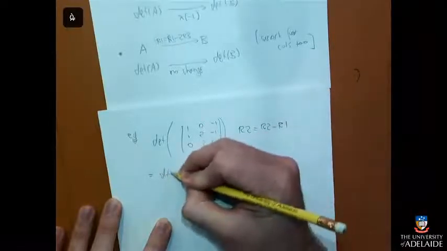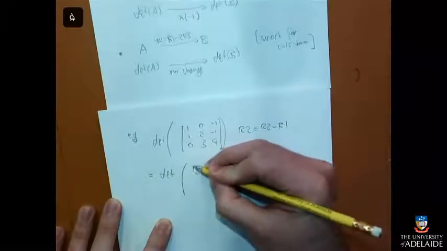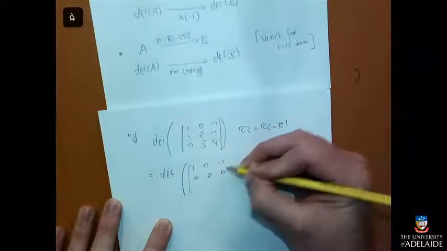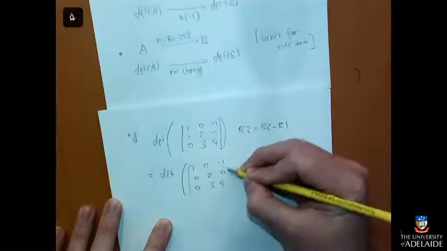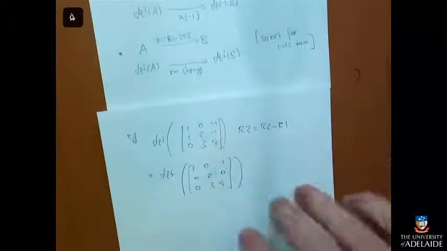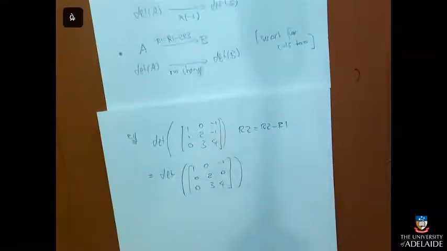And I know that doesn't change the determinant at all. So I can just go equals this determinant. It's not that these matrices are equal, but the determinants are the same.